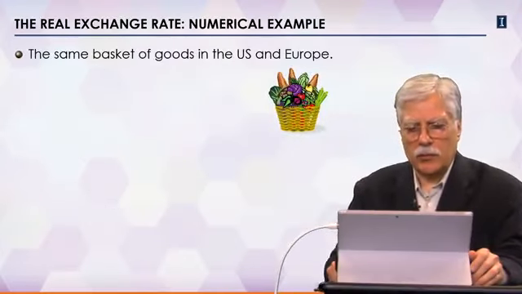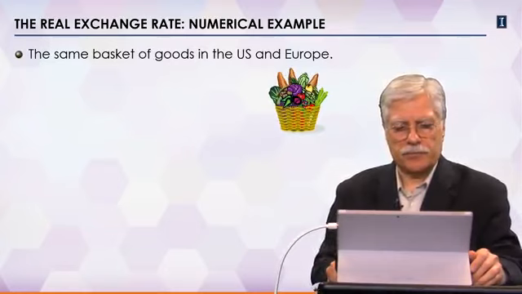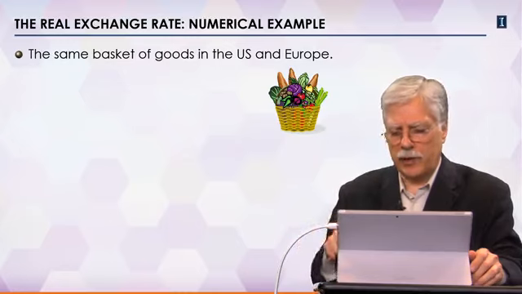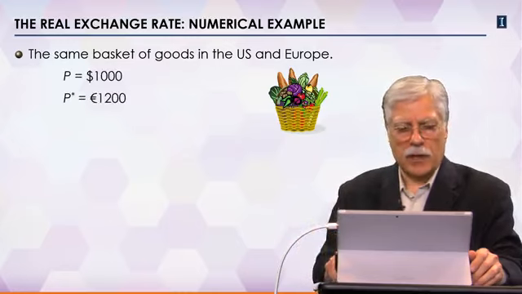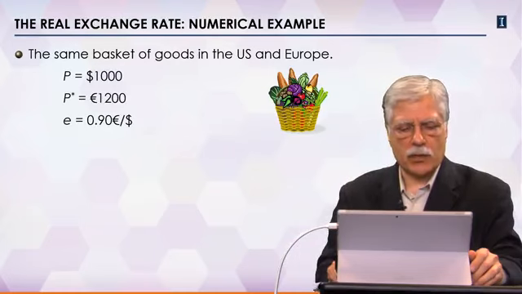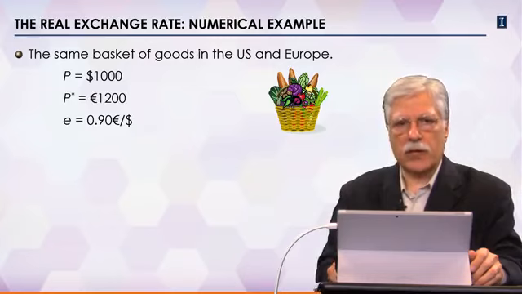Let me give you a numerical example. Suppose this is the basket of goods we're looking at in Europe and the United States. And we go shopping and we see that in the US, this basket costs $1,000. In Europe, it costs 12,000 euros. And let's say the exchange rate is 0.9 euros per dollar.